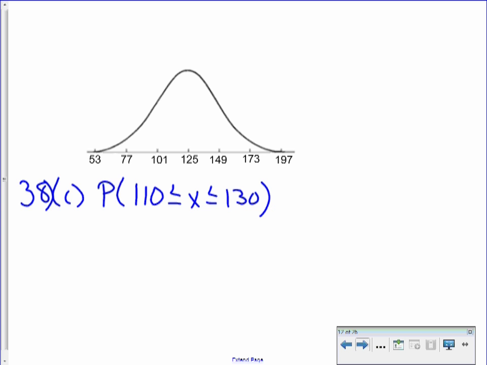So 110 being over here somewhere, 130 somewhere. Yes, we have to find the z-score. Cool.